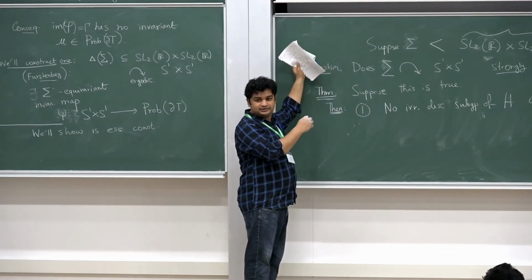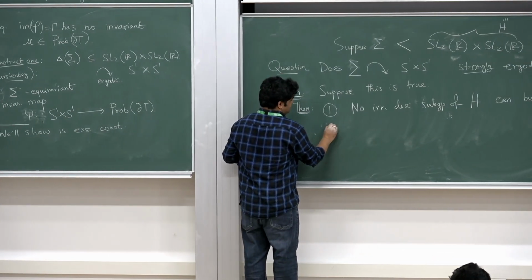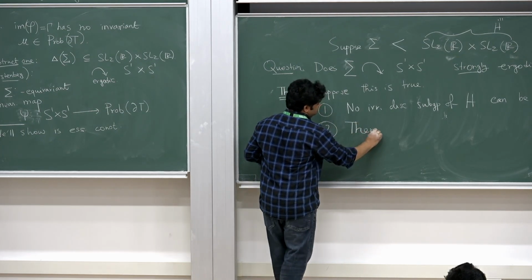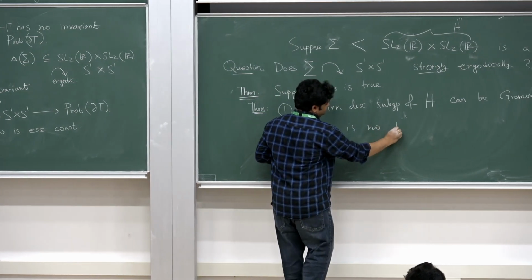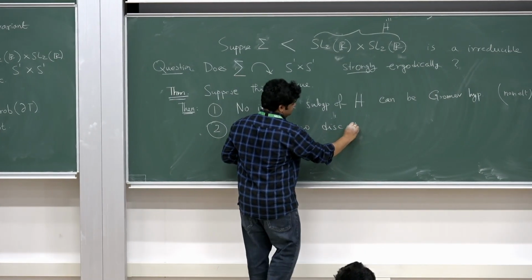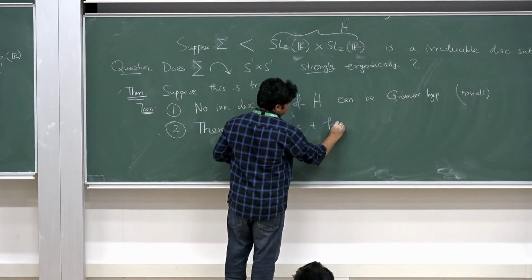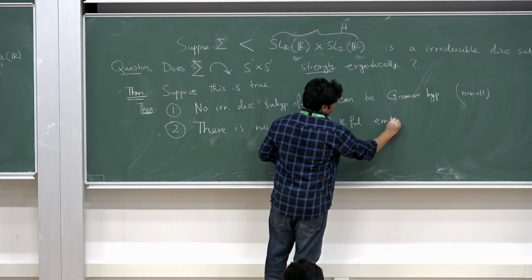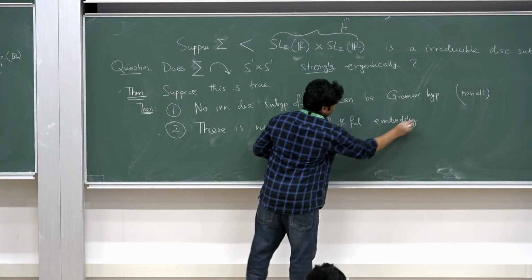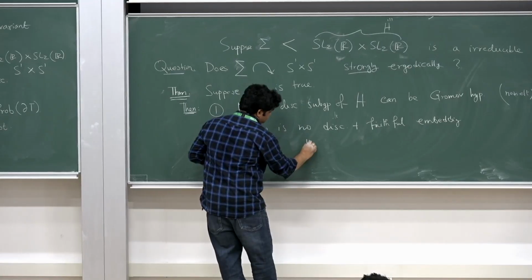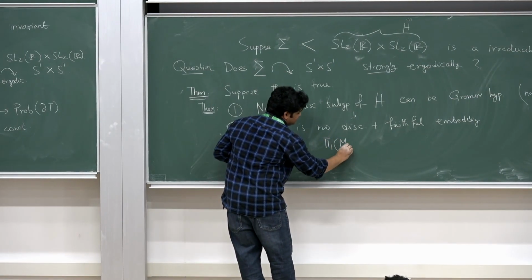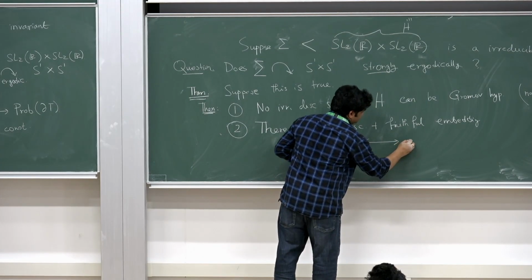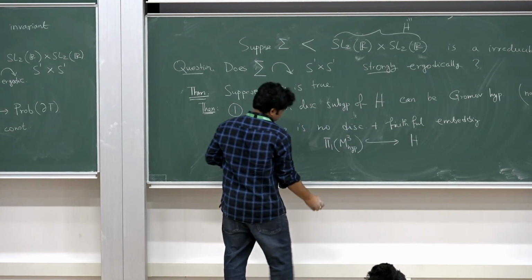This statement makes sense? There is no discrete and faithful embedding of the fundamental group of a closed hyperbolic 3-manifold into SL2R times SL2R.